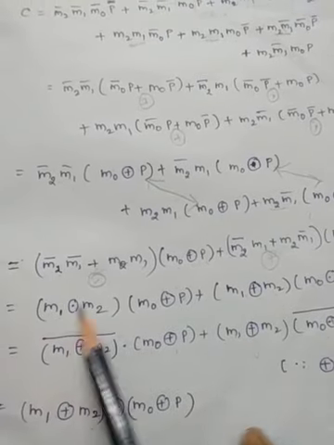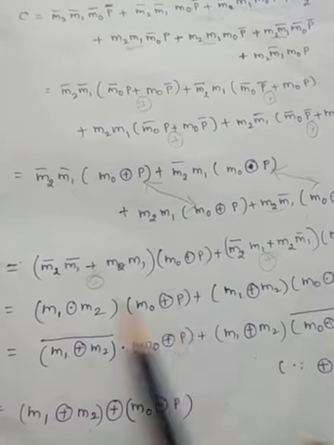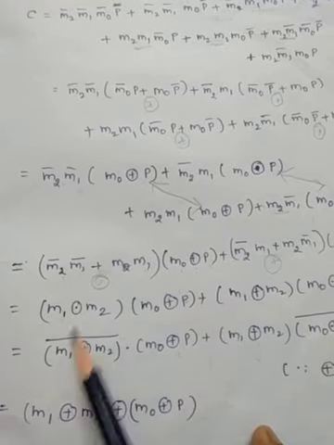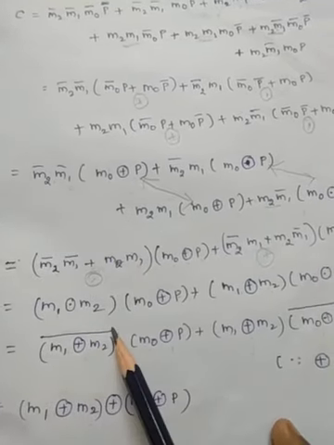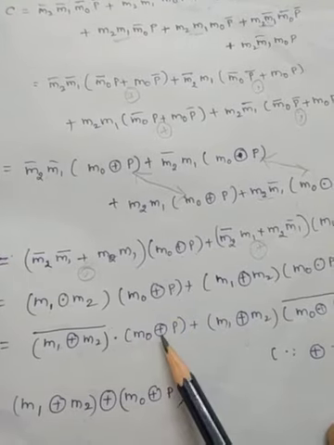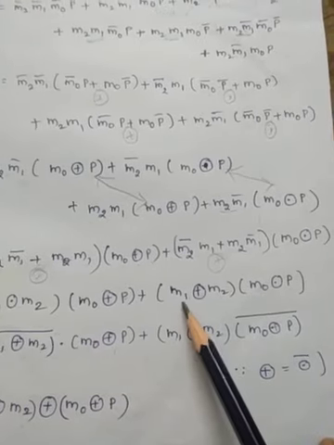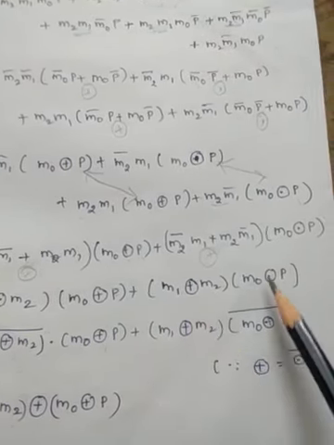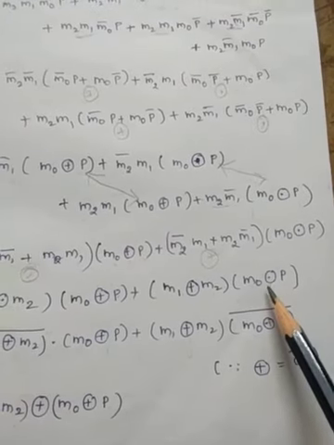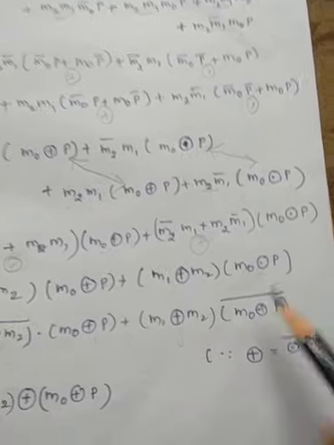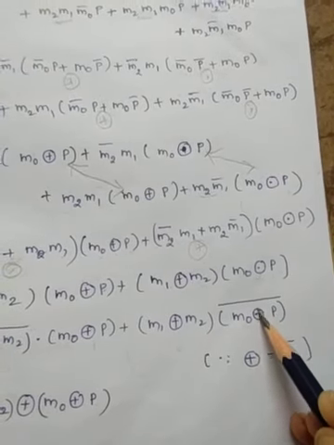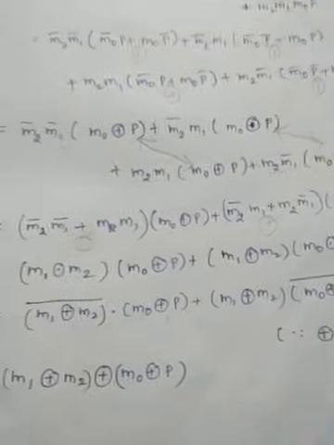We know that XNOR and XOR are complements of each other, so we can write this as m1 XOR m2 whole complement into m0 XOR p, plus m1 XOR m2, and here also the XNOR is in the form of XOR, so m0 XOR p whole bar.